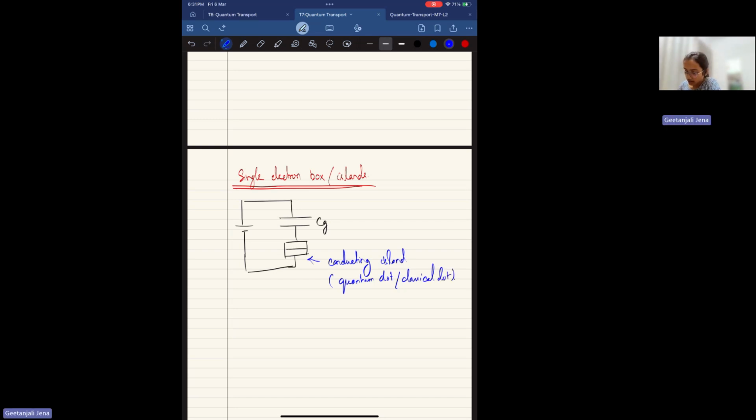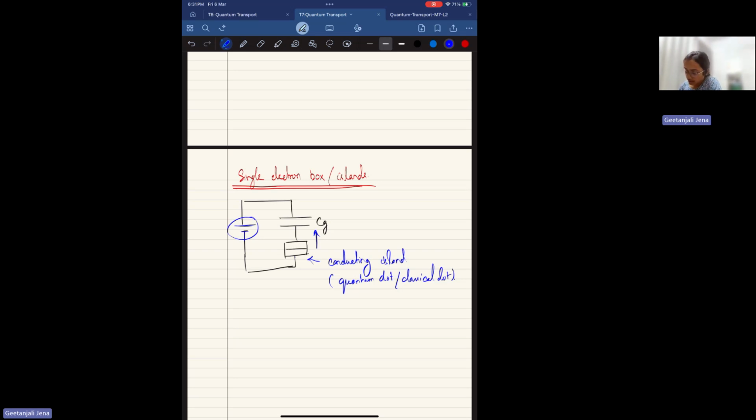And if you see the figure, this conducting island is capacitively coupled to the gate voltage through this capacitor Cg, and it is also tunnel coupled to the source electrode. There is no drain side here, so we won't see any flow of current for this case.